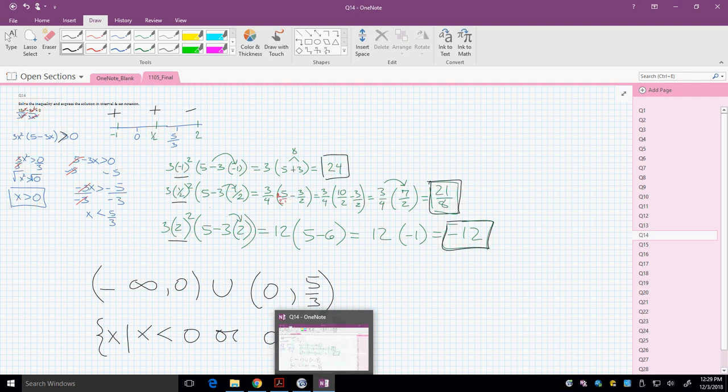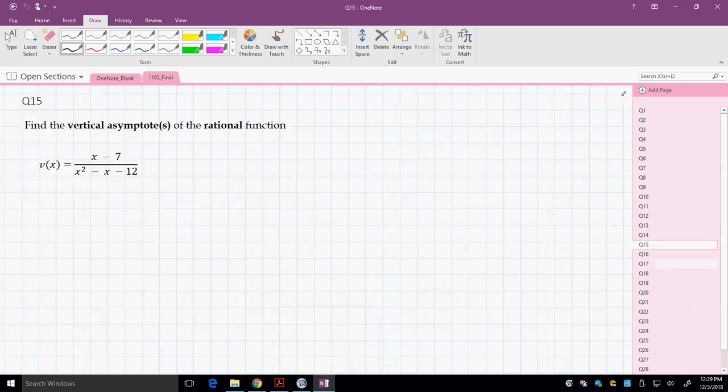So question 15, vertical asymptote. When we need to find the vertical asymptote, we look at the denominator. We have to equal this to 0, and we're going to factor. Open a set of parentheses, factors of x squared is going to be x and x. To figure out the first sign, you just bring it down.